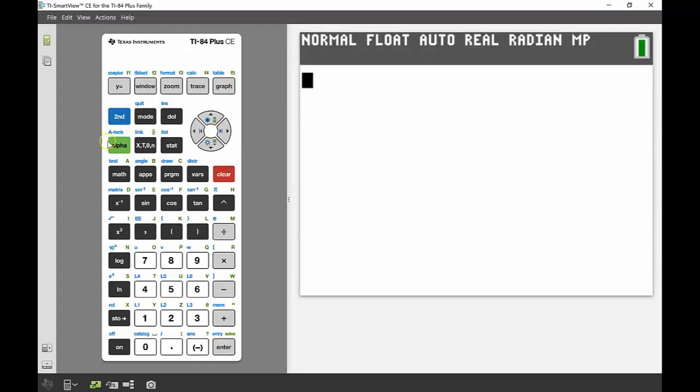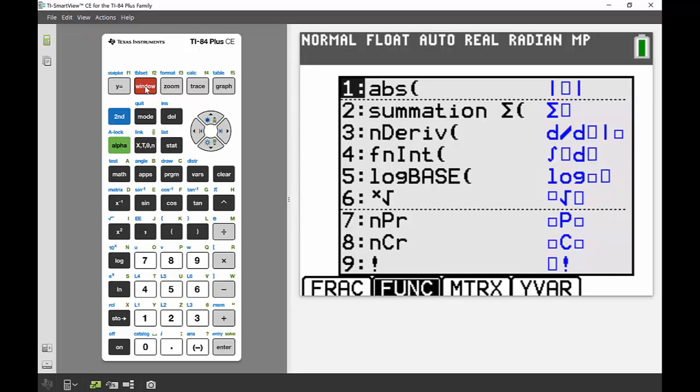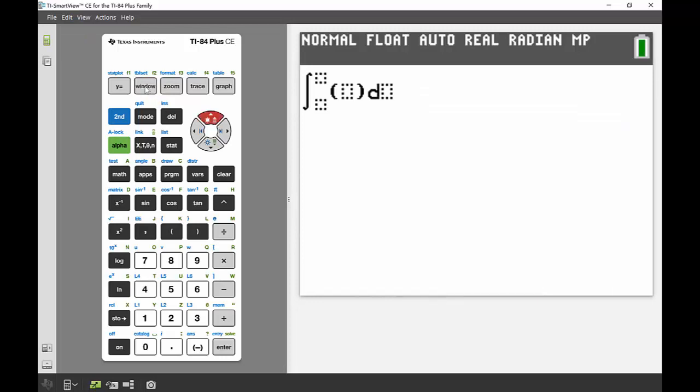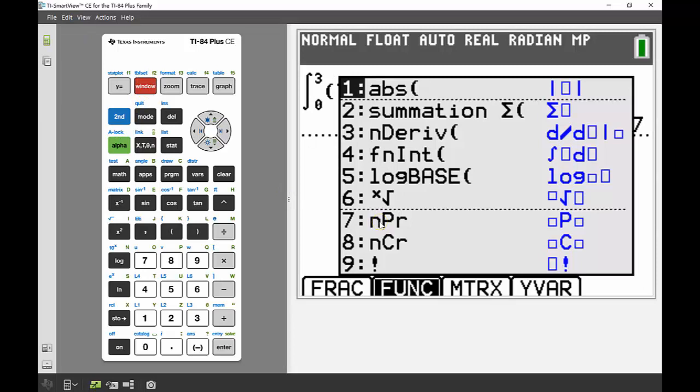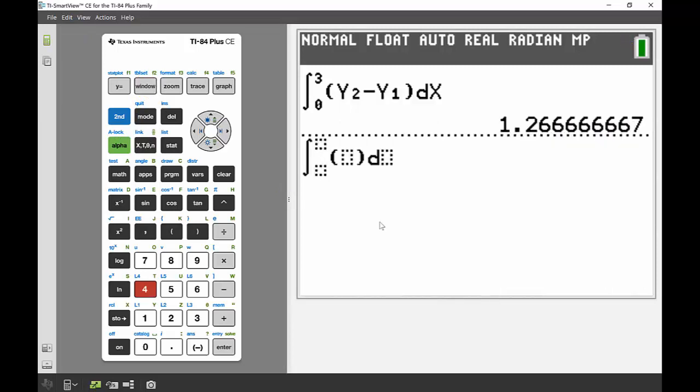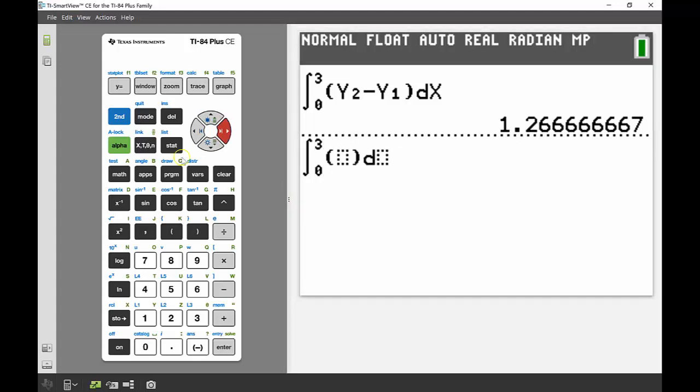And then from here, I'm going to go alpha, and then F2 again to bring up my integral. I want that same integral, Fn int, so number 4. My upper limit's 3, lower limit's 0. I again go alpha, F4 to get my y2.